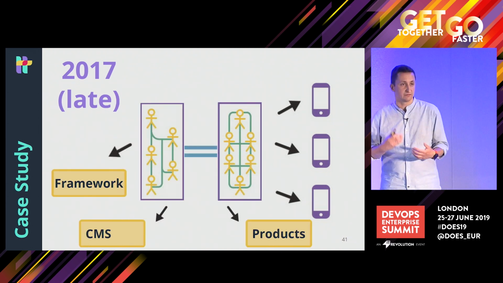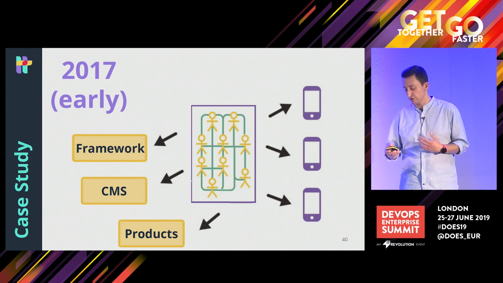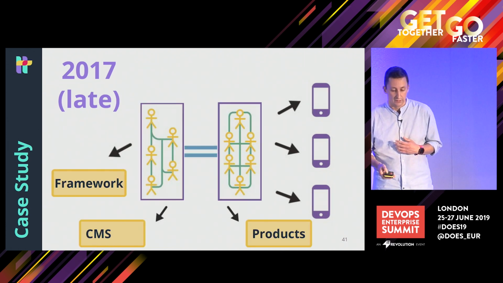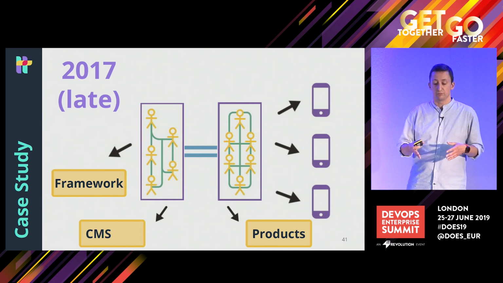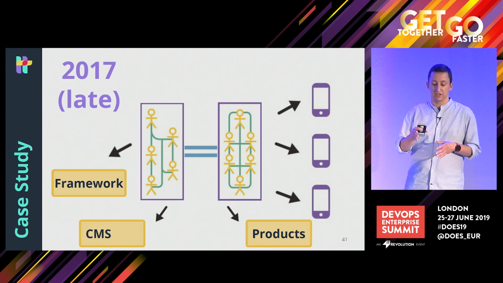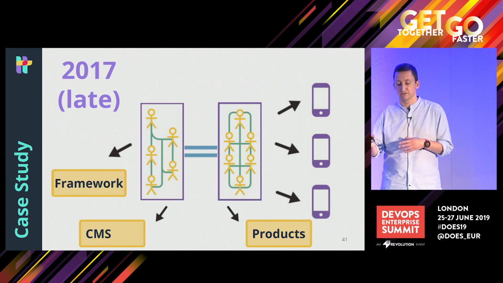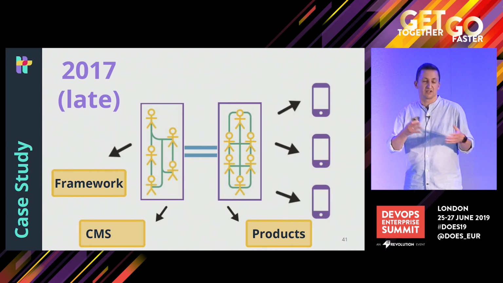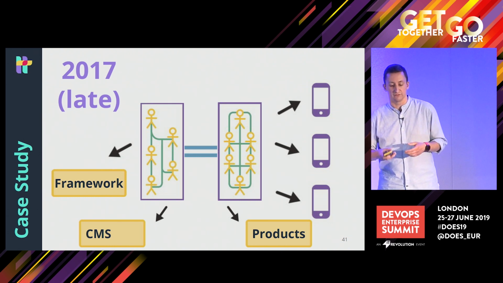So they realized that at this point there was too much cognitive load. The system was too large to handle as efficiently as before. And from what we've heard, they went on to actually further break down this team. So I believe now they have smaller teams aligned to markets on the customer-facing side, and they have split the CMS and the framework, which is a kind of platform team, as Matthew was mentioning, with common services.